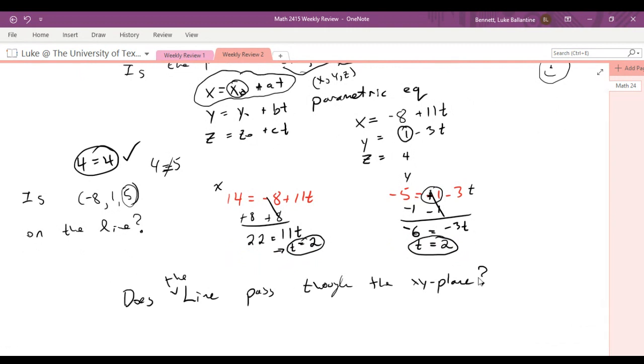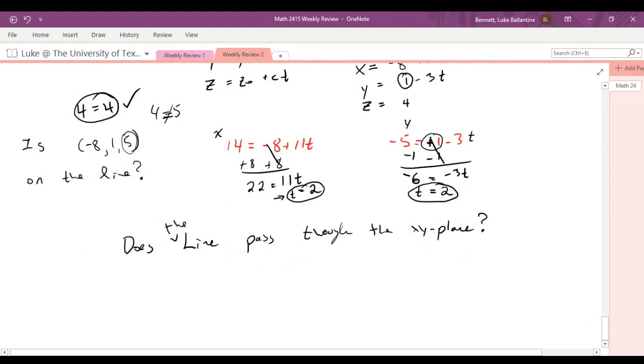Yep, it does not. Yep, z is always 4. Yeah, that was basically the same question, right? You said z is always 4, and the point had 5. z is equal to 4, constant, in our line. So that means that z does not equal 0 ever, which would have to happen if we were on the xy plane.